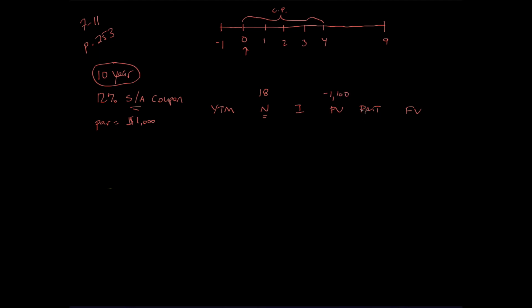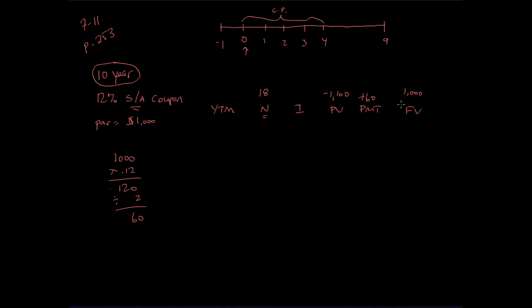The payment, remember, needs to be expressed in terms of this semi-annual coupon. So ordinarily what we do is take par value, multiply by the coupon rate. That gets us 120. But since it's semi-annual, we need to divide that by 2. And each payment is going to be $60. And if we hold on to the bond all the way out until the maturity date, we will get $1,000.